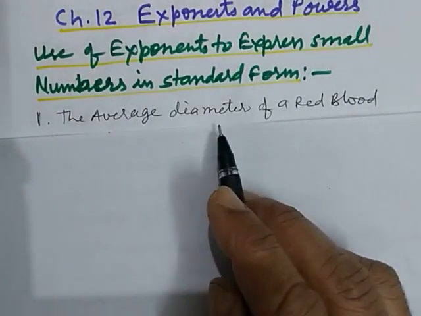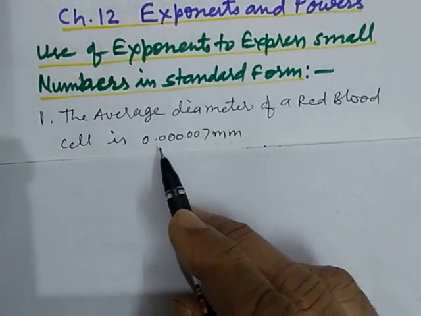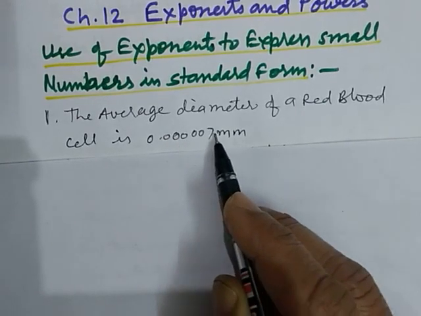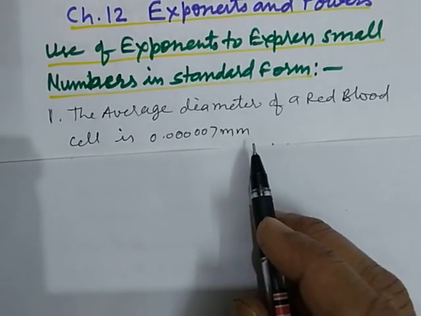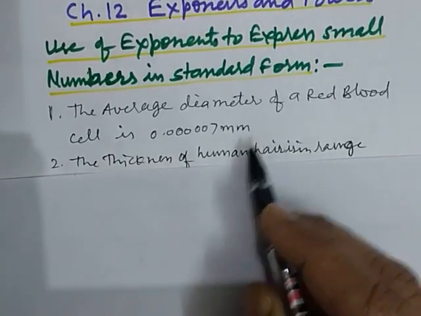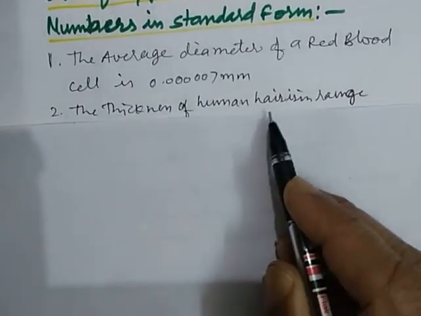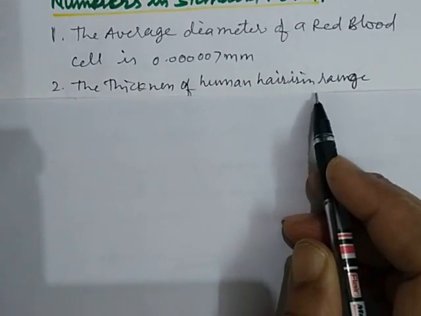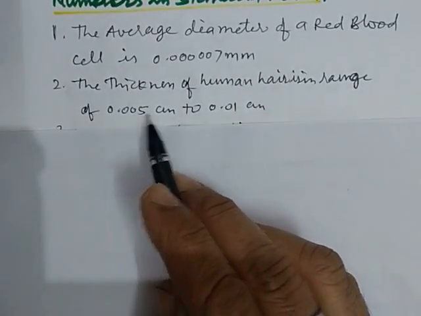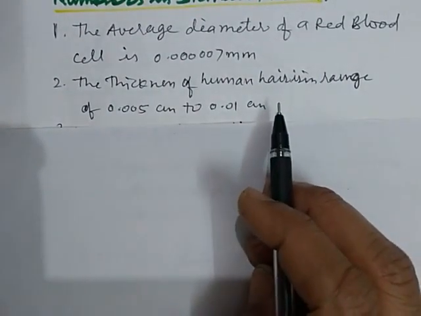The average diameter of a red blood cell is 0.000007 mm. Such a small measurement. The thickness of human hair is in the range of 0.005 centimeter to 0.01 centimeter.